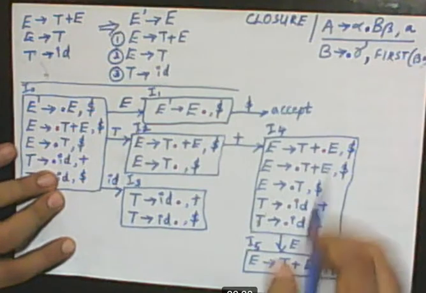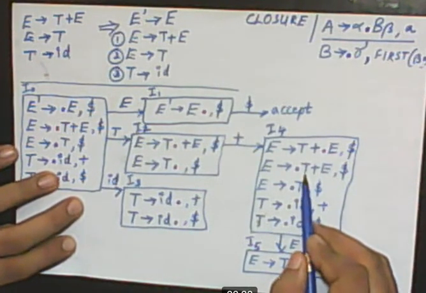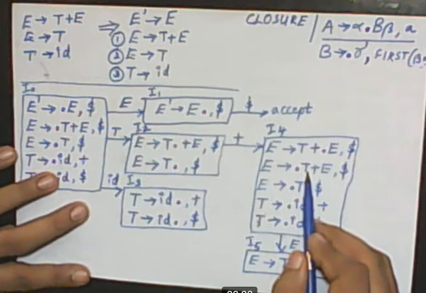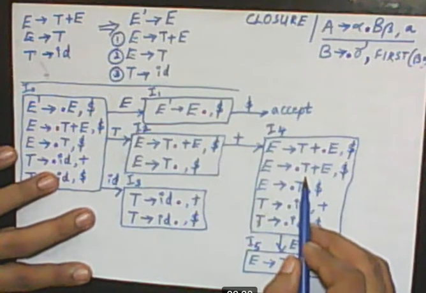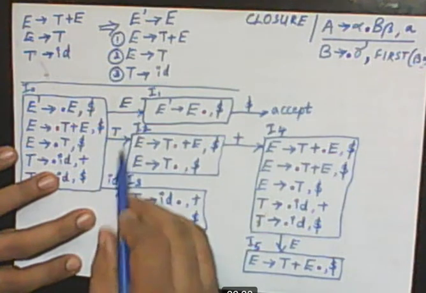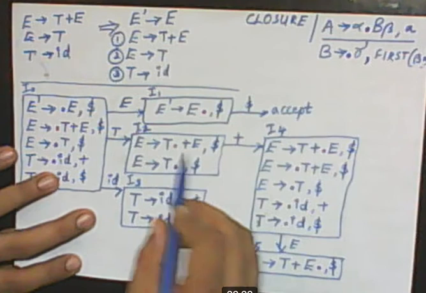Now that is over. Now you can have transition T here. What happens when you apply the go to operation of T? If you see this, it is a similar operation here. On T, it goes to E gives T dot plus E dollar.